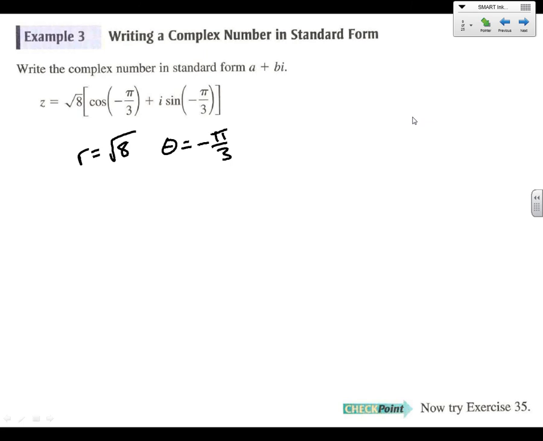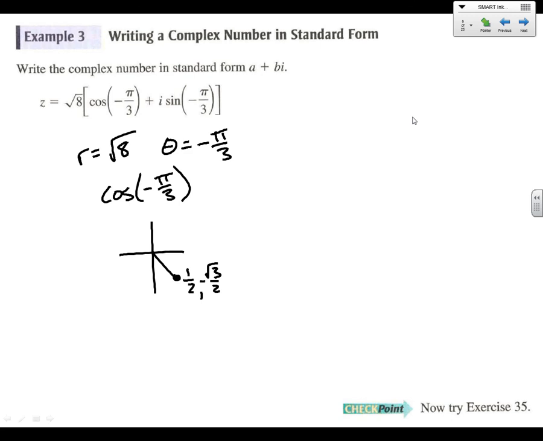So all we're going to do is, what is the cosine of negative pi over 3? Negative pi over 3 is on your unit circle. We go down a pi over 3, and I'm looking at this point down here on the unit circle, and that is 1/2 comma negative root 3 over 2.